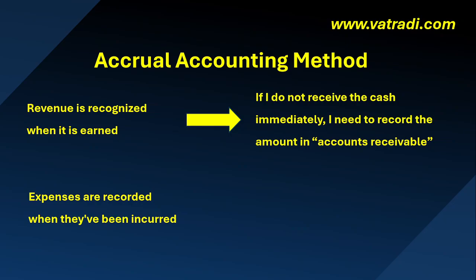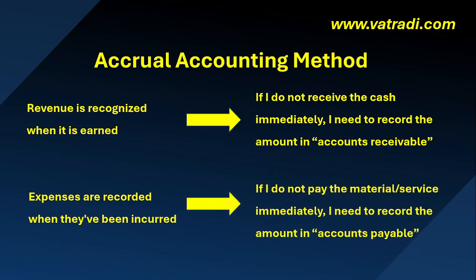Expenses are recorded when they have been incurred. Therefore, if I do not pay for the material or service immediately, I need to record the amount in accounts payable. Again, this accounting method forces the accountant to do further work and better explain the situation. In this situation, the accountant needs to create a GL code called accounts payable where all the money that I need to pay in the future is recorded.